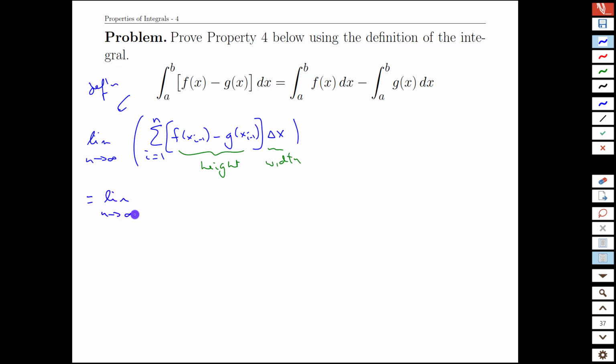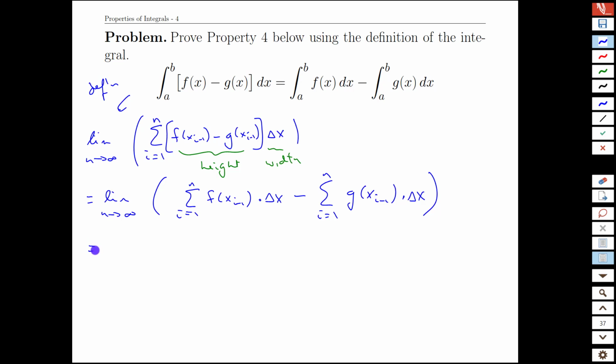I'm just copying the limit down from before, but I would get exactly the same thing if I added up all the f values first times delta x's, and then I subtracted what happens if we add up all the g's, again times delta x's. So this is just like saying, if we add up these differences over and over again, I would get the same total if I added up the f values first and then did all the subtractions at the end and get the same grand total.